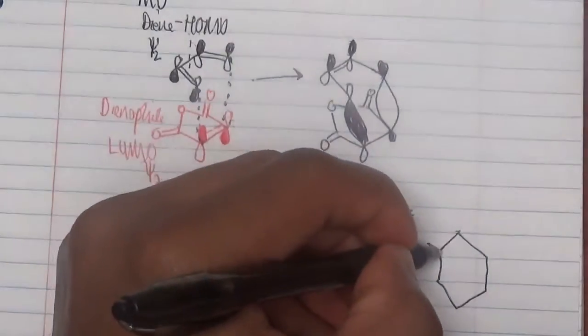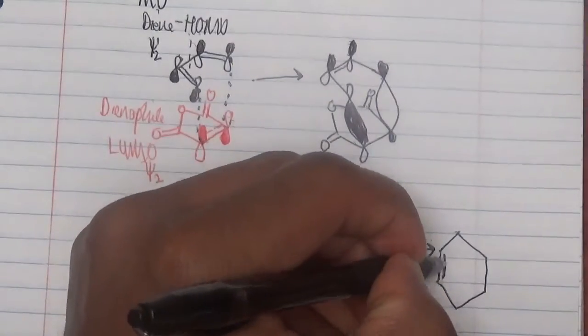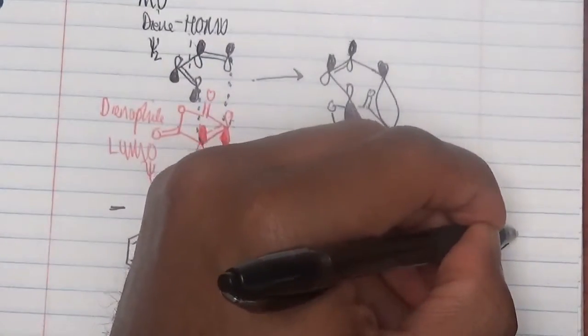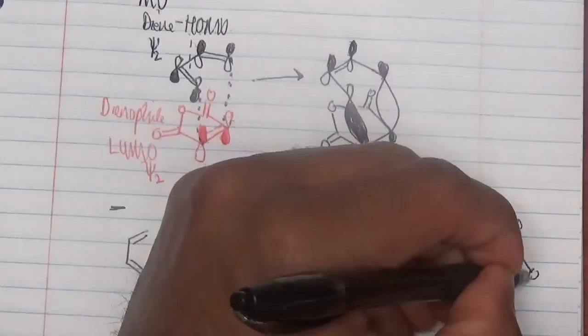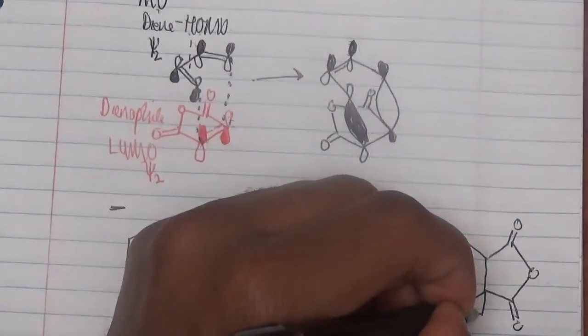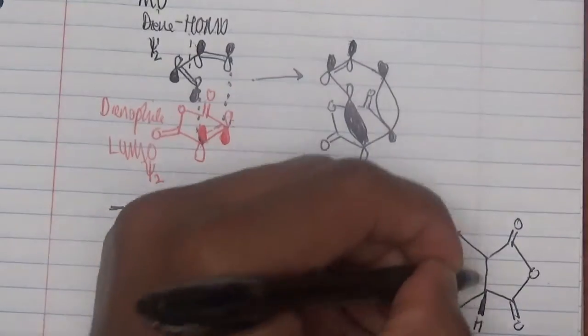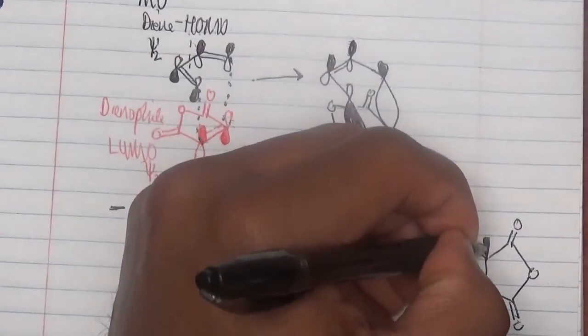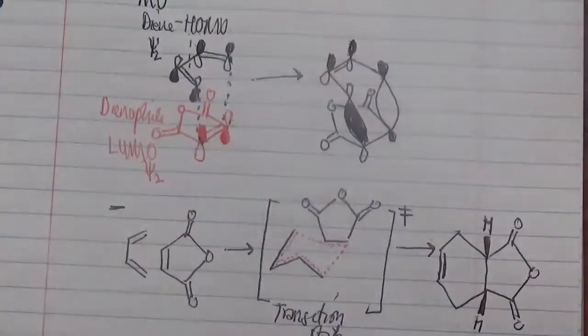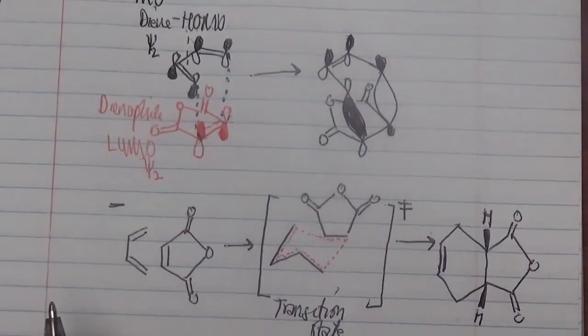So this is our new pi bond over there, and over here this is our dienophile, and in this region here our two hydrogens are pointing either up or down, and this is our final product over there.